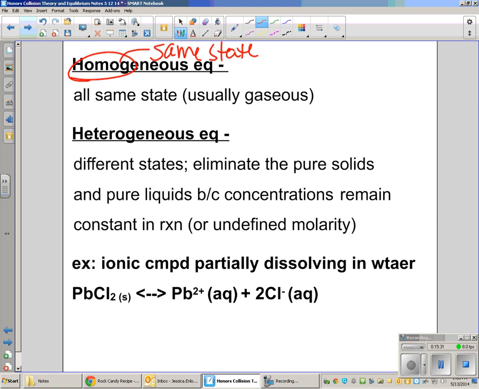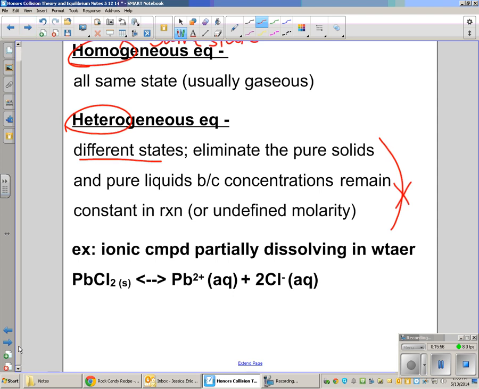That's pretty easy. Don't forget that you will not be including the pure solids and pure liquids if they are within that BCE. So, you don't even have to write this down because we've talked about that a lot. Just write homo, same states, hetero, different states. Usually that means you're going to have to make sure you verify that everything can be included.